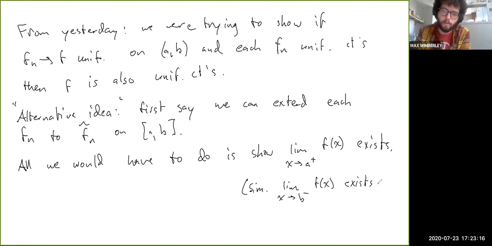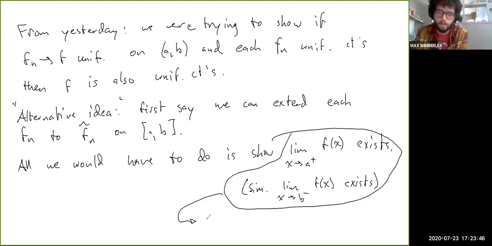As long as these two one-sided limits exist at all, if you show in any valid way that these two limits exist, that's enough to show that f is uniformly continuous, because that's all we're actually trying to do, is show that f itself is uniformly continuous. If you show that these two limits exist, that's showing that you can extend f to the closed interval. So this shows f can be extended.